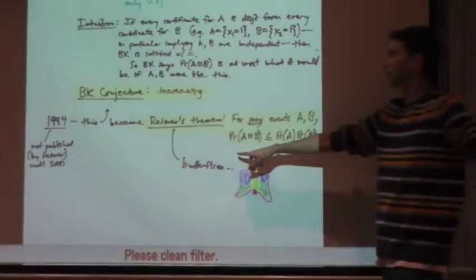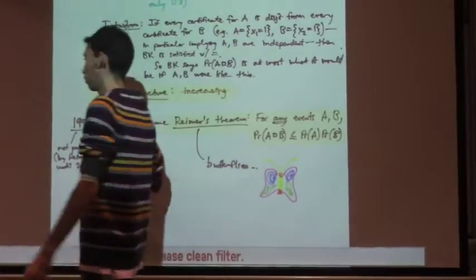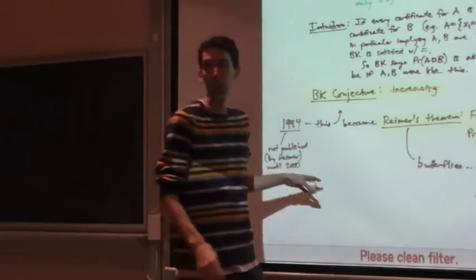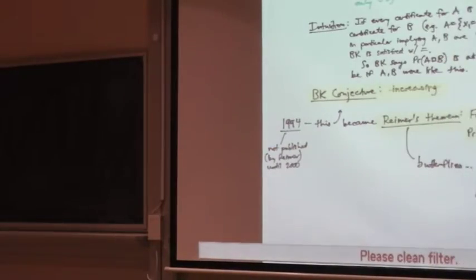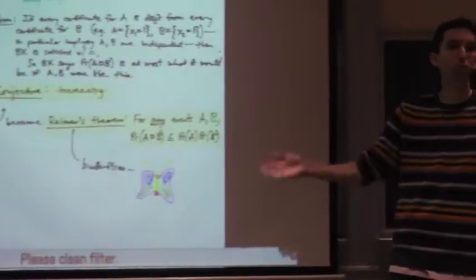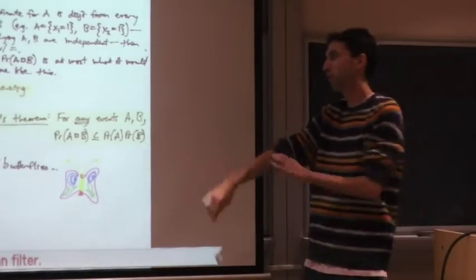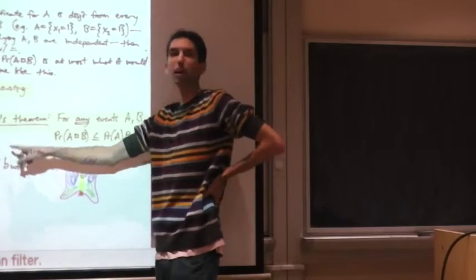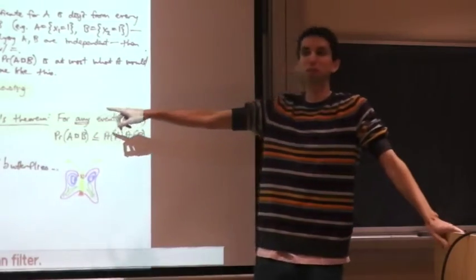For whatever reason, this wasn't published by Reimer until 2000. It appeared in print well before 2000 in expositions by other people who had heard lectures about the result, but it wasn't published by Reimer until six years later. There's something called the Butterfly Lemma that goes into proving Reimer's theorem.